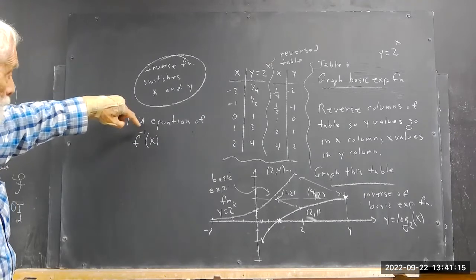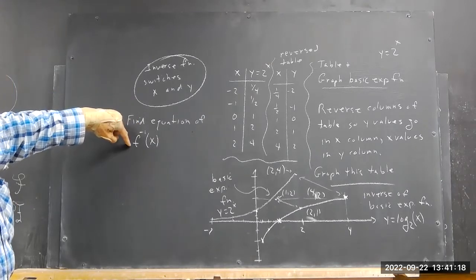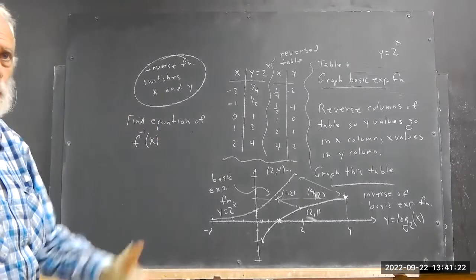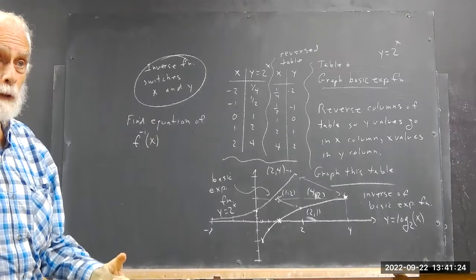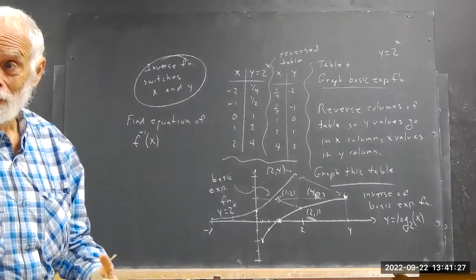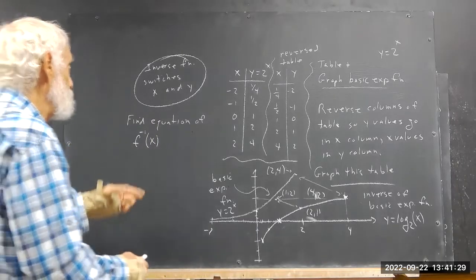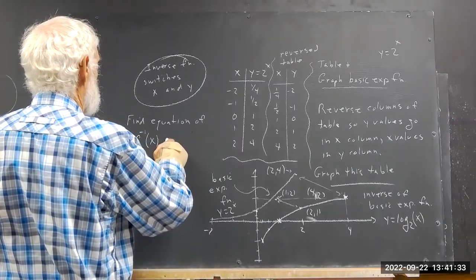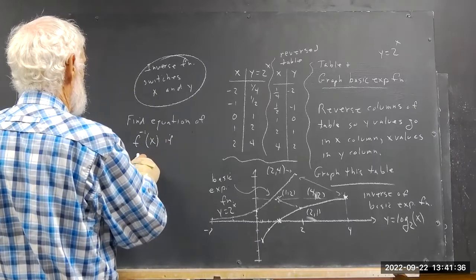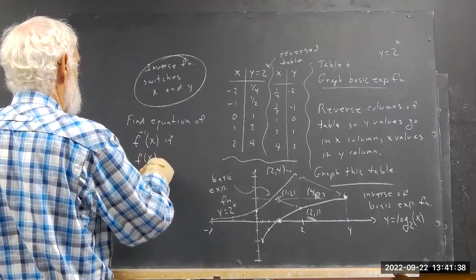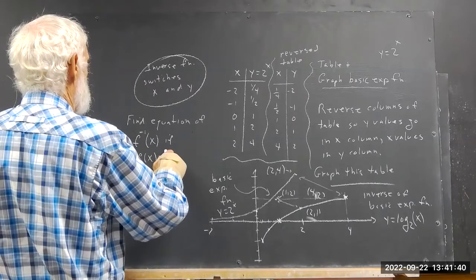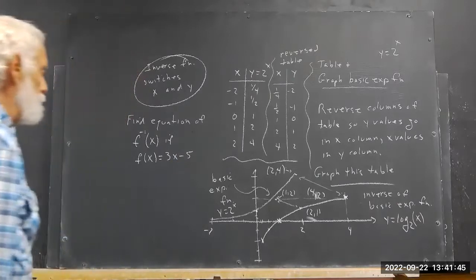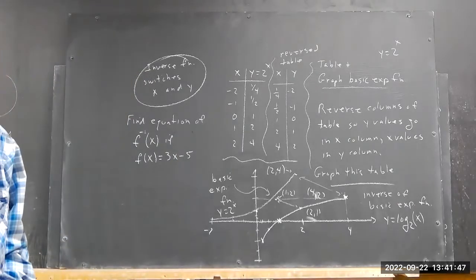So if I do a -1 on the name of the function, we're not going to do the reciprocal of the name of the function, any more than we're going to square an aardvark. So f inverse of x, if f of x equals 3x minus 5.